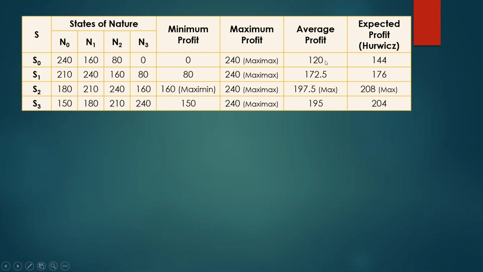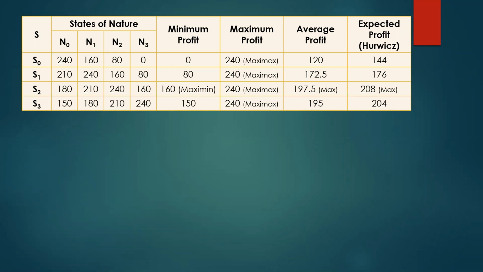So if you add these values up, 240 plus 160 will give me 400. 400 plus 80 is going to give me 480. Now 480, if I divide this by 3, I'm going to get a value of around 160 something. So in many books, I have seen that because they have avoided this 0 and considered dividing by 3 and not by 4.